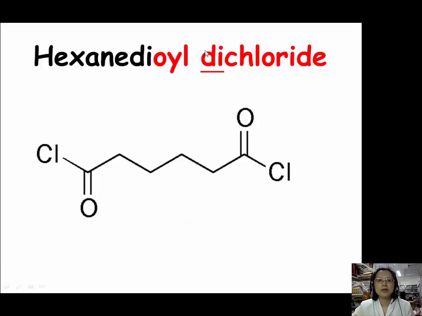Our example for oyl halide is hexanedioyl dichloride. Hexanedioyl dichloride is toxic, and when it reacts with another toxic compound, hexane-1,6-diamine, it can form a perfectly safe product, nylon, the synthetic fiber.